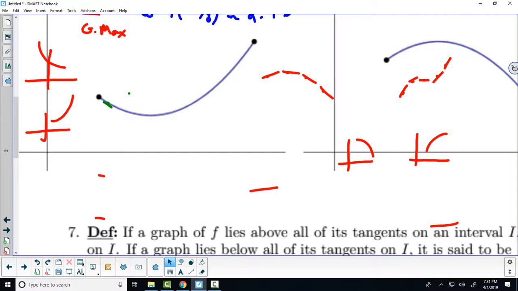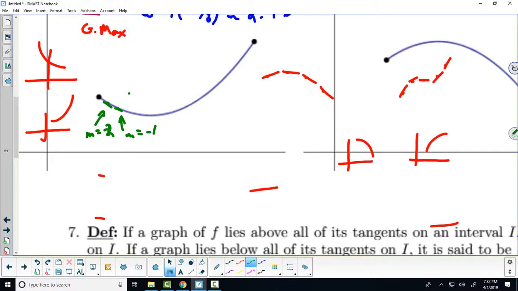So I'm not asking what the first derivative is when I'm talking about concavity, but rather how the first derivative is changing. This had a slope of, say, negative 2. Then what is this slope right here? Negative 1. What is the first derivative doing? It's increasing. So when the first derivative is increasing, we're concave up. It's a great question.